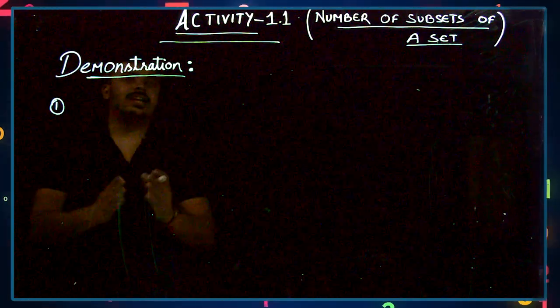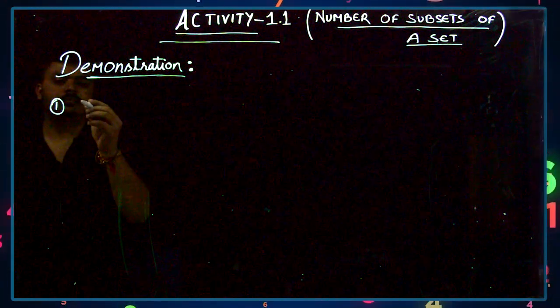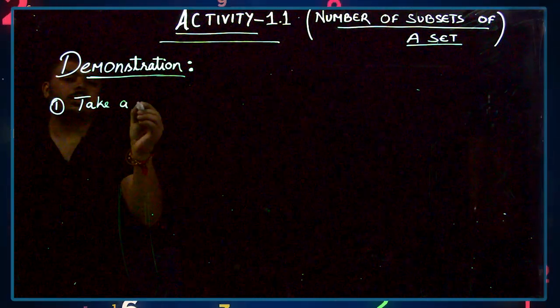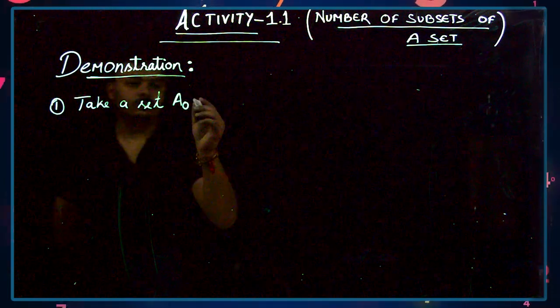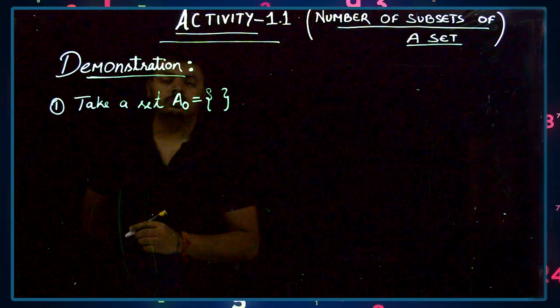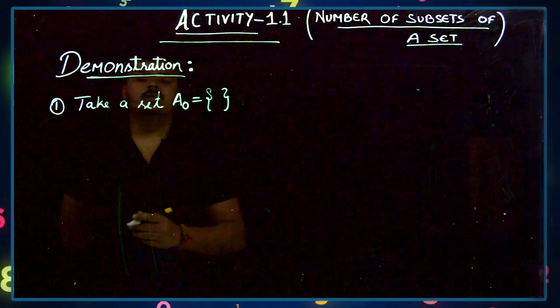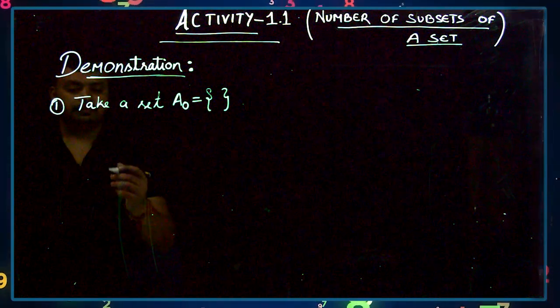Now let's see the demonstration for the given activity. First, take a set A0 equals to empty set. Now let's represent this set using a Venn diagram.